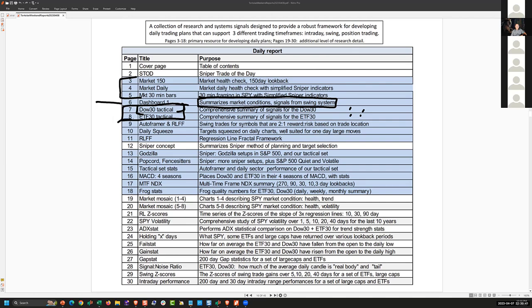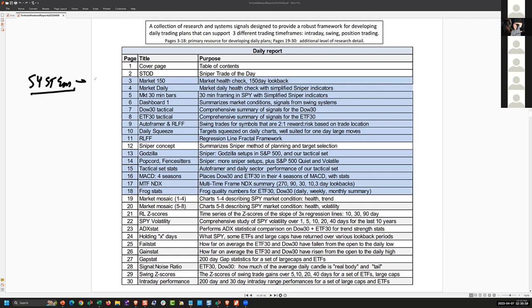Then I look at the auto framer and the regression line fractal, and these are related to two different strategies. These are not systems, but they are strategies. So you need to understand that a system is a detailed specification that a robot could trade with absolute precision.